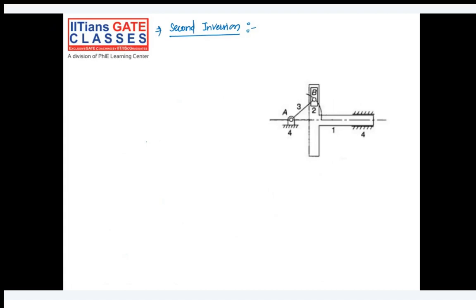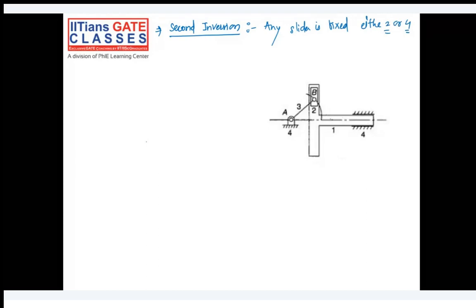Link number 2 is moving inside that slot of link number 4. Let me repeat it. Link number 4 is fixed, and link number 1 is made in the form of a T slot.